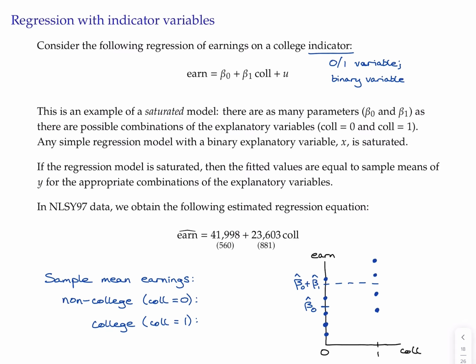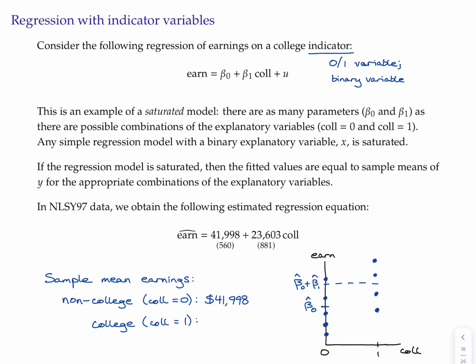What's special about this type of model? Well, it has this property. The fitted values, after we estimate this with OLS, are equal to sample means of the dependent variable for the corresponding x values. So here, when we see the intercept estimate is 41,998, we are saying that literally the sample mean of earnings for the non-college individuals used in this regression is that number, 41,998.